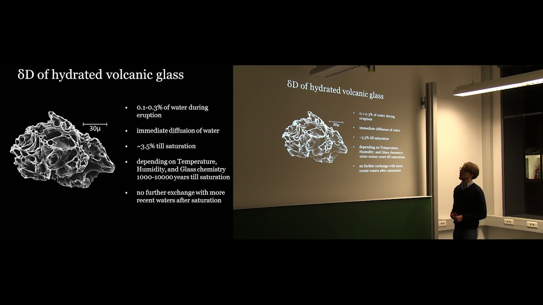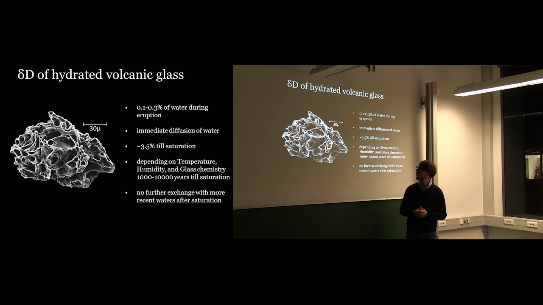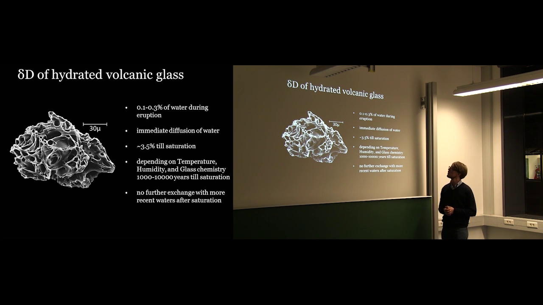This just illustrates how your amorphous glass looks under a microscope. Again, there's very little weight percent of water during the eruption. However, after saturation with the environmental water, it contains 3 to 5% of water, really showing that the initial composition of the water during eruption is negligible.